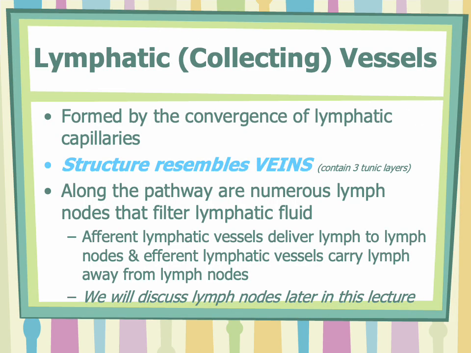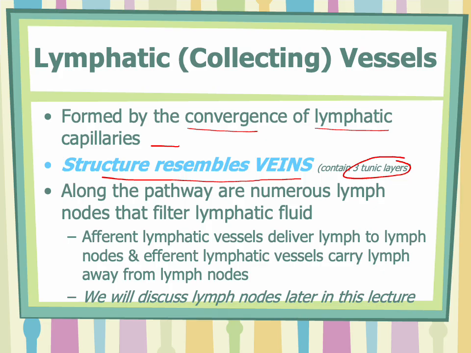The lymphatic collecting vessels, and this is now the bigger structure, so we're coming from capillaries to lymphatic collecting vessels, okay? So they're, of course, formed by the convergence of lymphatic capillaries. They are similar to veins in the sense that they have 3 tunic layers, but also they have valves, okay?